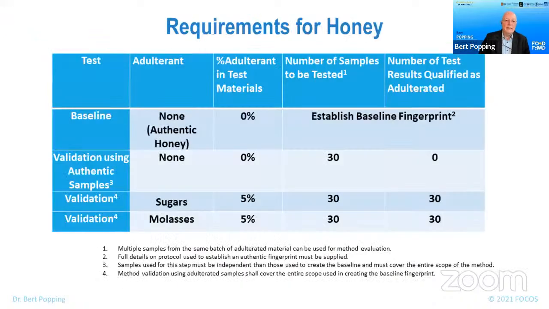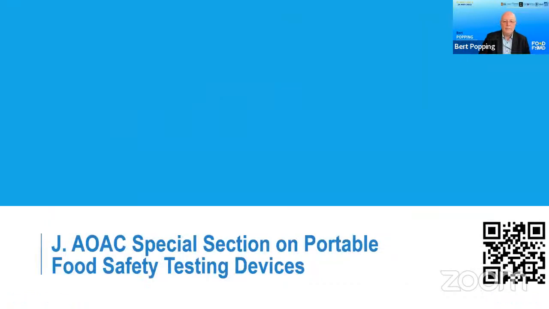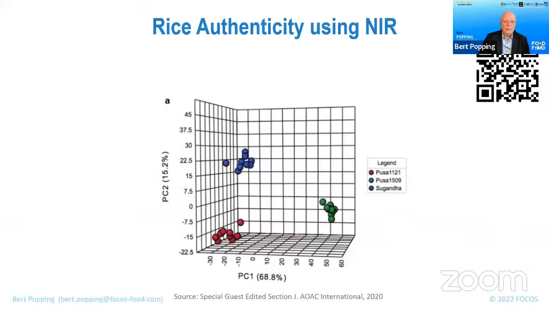For that, we have, for example, a baseline for honey. There is an SMPR, standard method performance requirements, for honey for a non-targeted method. Here we define the specific parameters and the number of samples to be tested to develop a non-targeted method for honey. This brings me full circle, because here we're moving again to portable devices, most of which, if not all, are non-targeted.